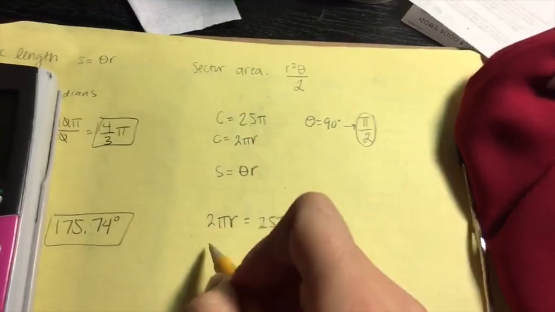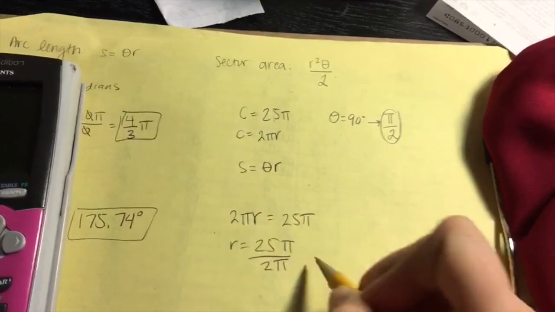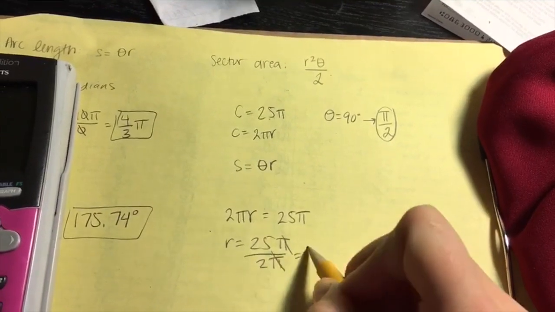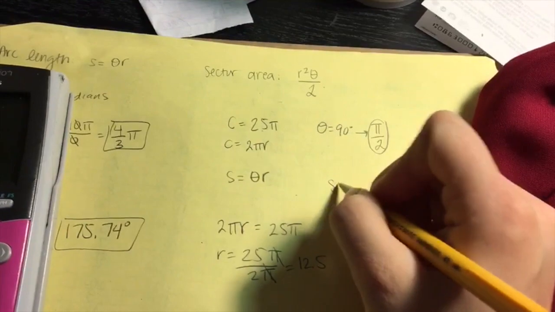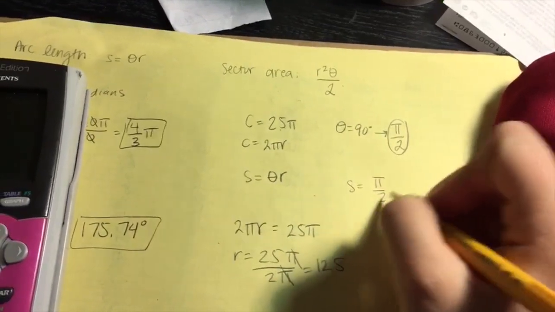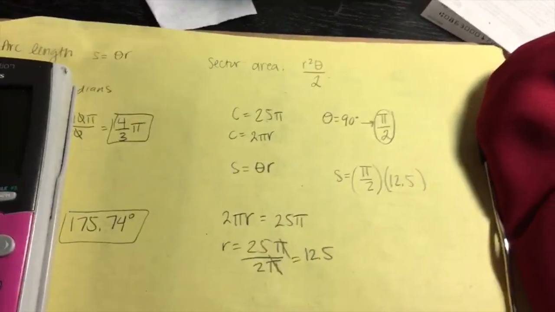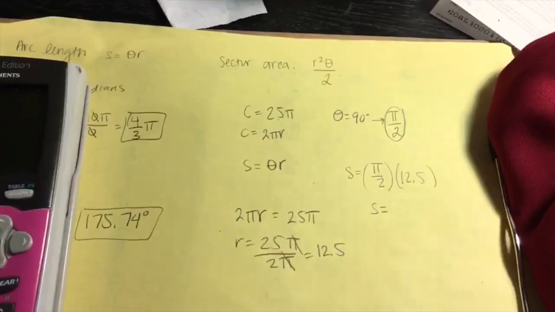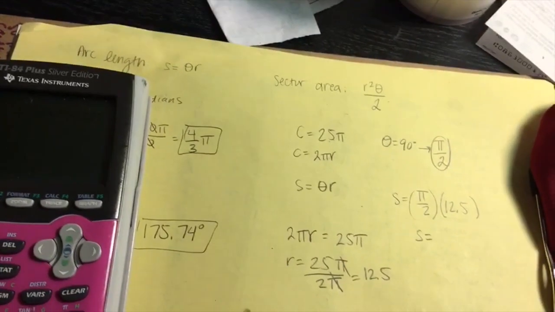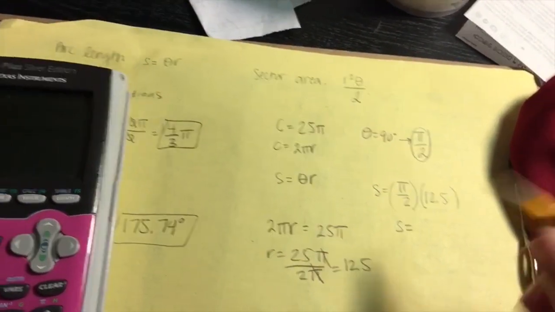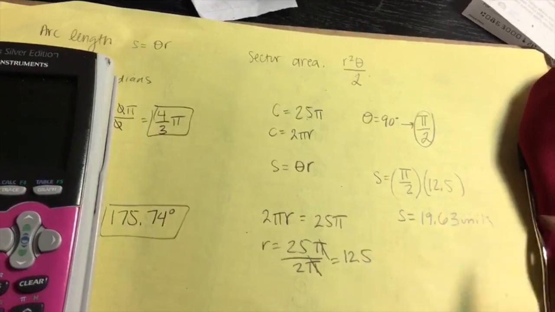To get r by itself, r equals 25 pi divided by 2 pi, and the pi's go away, giving 12.5. So my arc length would be pi over 2 as my theta times 12.5, which is my r. When I plug that in, let's do pi divided by 2 times 12.5. My arc length is 19.63 units.